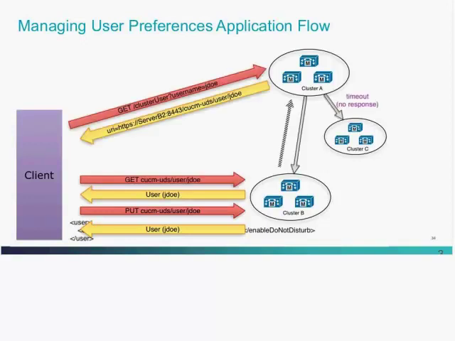In essence, once cluster A receives the request and understands that this end user is not its local user, it is going to broadcast the UDS query to the other clusters, and only the cluster which has this user configured will respond back, and cluster A will pass that information on to the client.